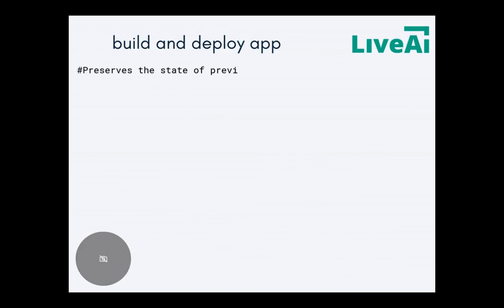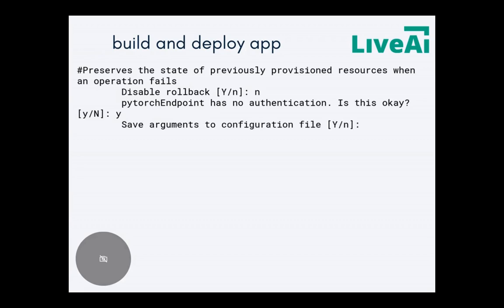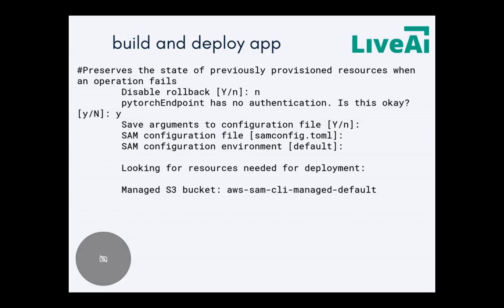Now, you can also expect a few of these options coming up. Do you want to disable rollback? It depends on you. I put no, I don't want to disable it. If it's not working for some reason, then it just goes back to the previous one. Save arguments, you can keep whatever it is, in the SAM configuration, samconfig.toml. This is also provided when you use sam init and create the beginning folder structure.